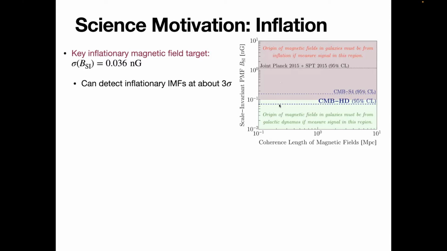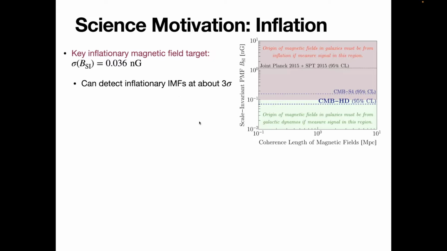So with the CMB-HD target, we would be able to detect inflationary magnetic fields at about the 3 sigma level or higher, depending on where they are. And this would be a smoking gun signature of inflation because no other effect could generate scale invariant primordial magnetic fields of such large amplitude.